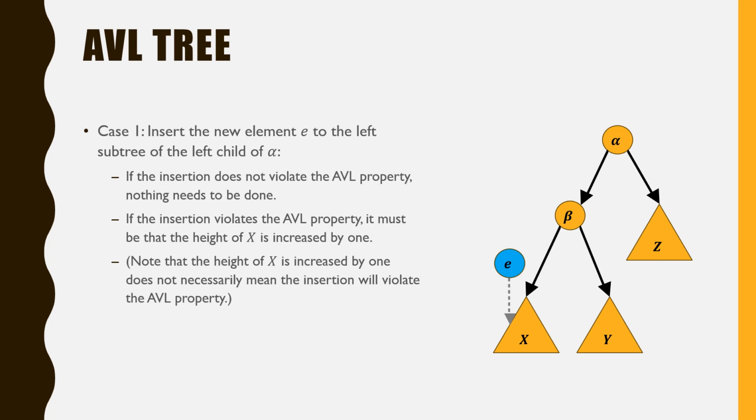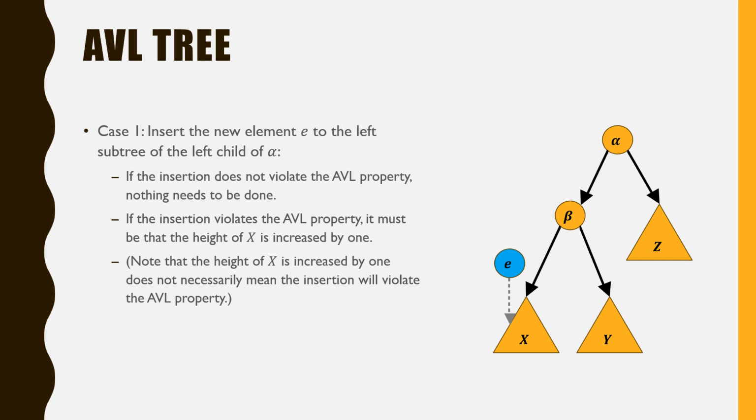Let's first consider case 1, where the new element E is inserted into the left subtree of the left child of alpha. As illustrated in the figure, the left child of alpha is denoted as beta. Also, denote the left subtree of beta as x, the right subtree of beta as y, and the right subtree of alpha as z.